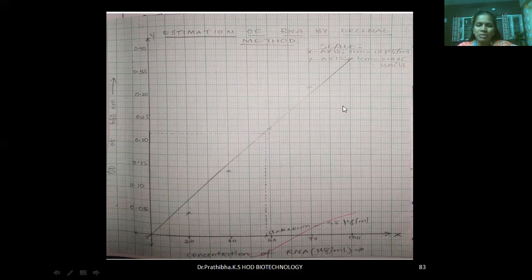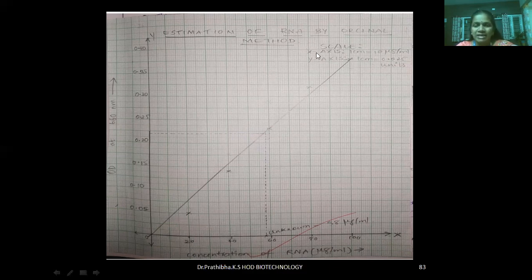Then according to the tabular column, for 20 microgram, whatever OD you got, you need to put one star mark here, a small short cross line. For 20 microgram I got 0.05, you need to cross. And one more very important thing is the scale.